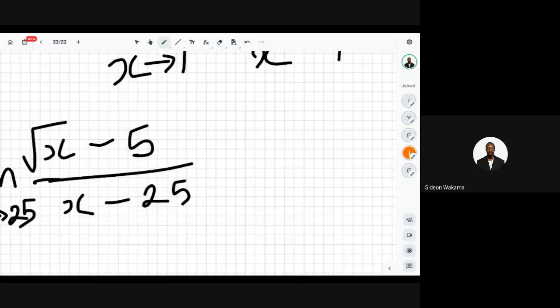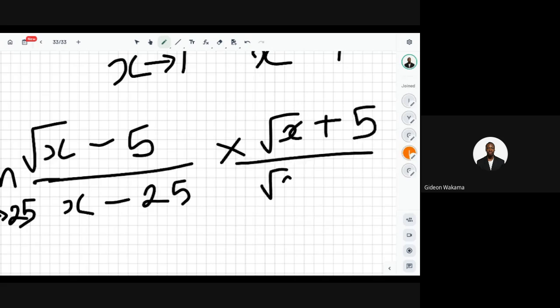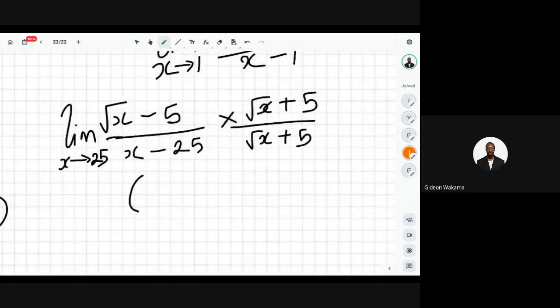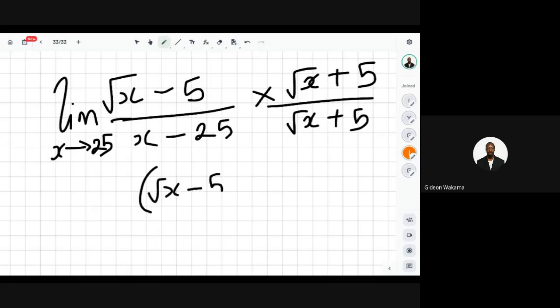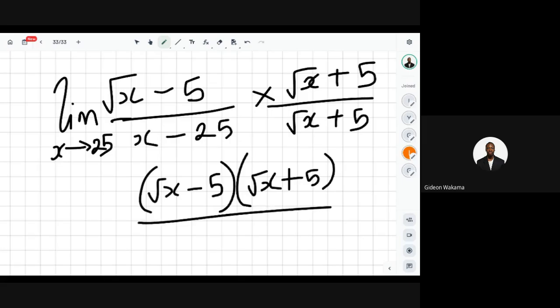So I simply multiply by the conjugate, both the numerator and denominator by that conjugate. Here I'm going to have root x minus 5 times root x plus 5.